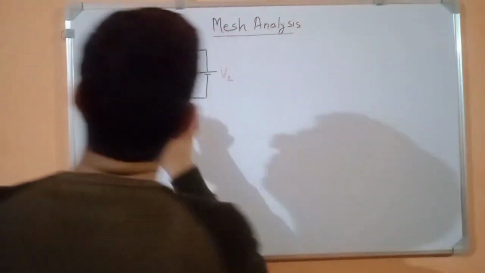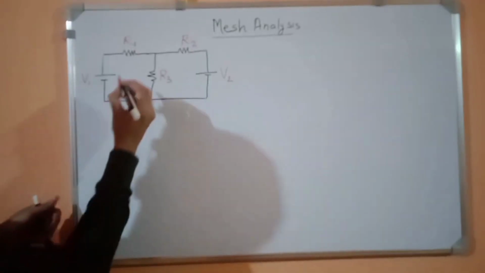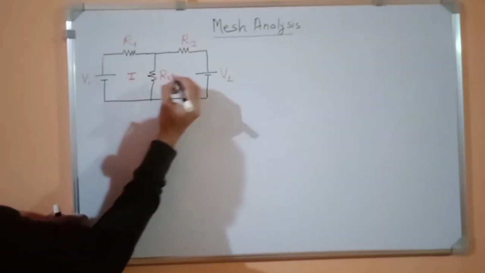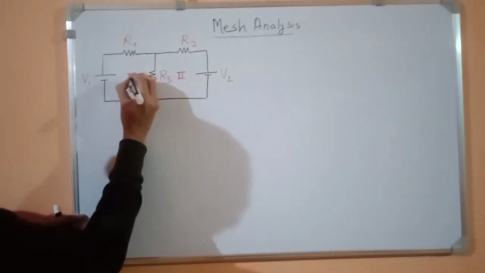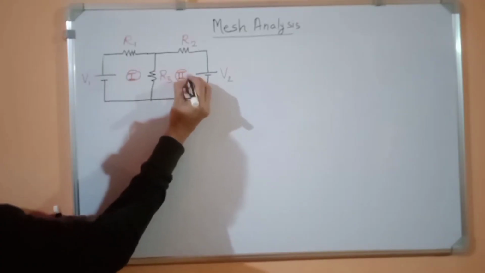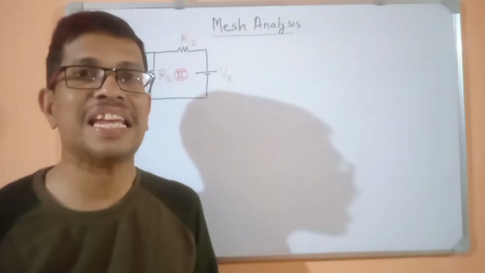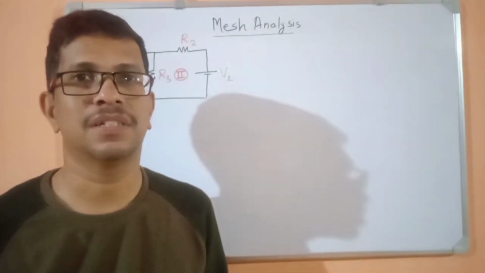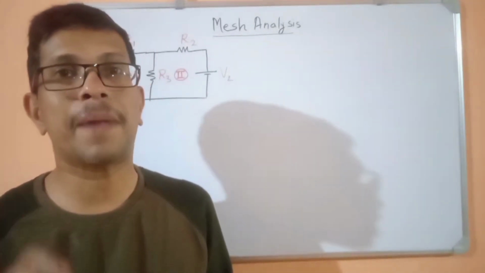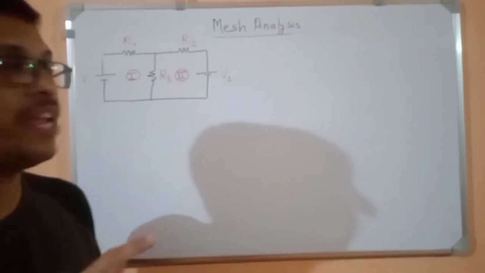Here are two meshes, 1 and 2. So this is my first mesh, this is my second mesh. I have to assume the direction of current in a mesh randomly. Instead of considering the branch current, we have to consider the mesh current.